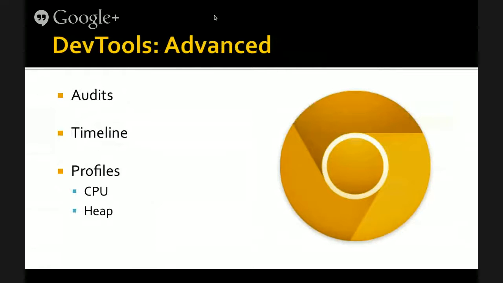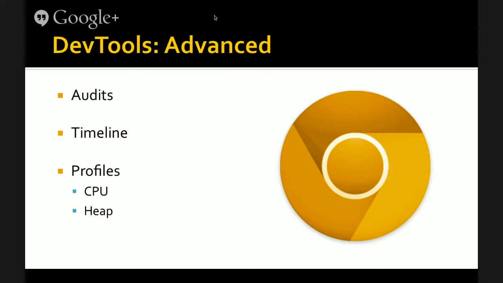So Chrome Developer Tools, if I had to guess, probably has in the ballpark of 2,000 individual features, most of which are not well documented. So some of these items here, like your audits tab, timeline, and your profiles, has anyone played around with these 3 tabs in Chrome Developer Tools?